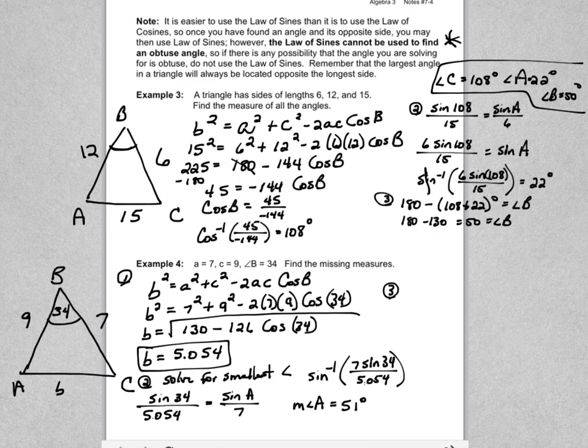So step 3, the measure of angle C will be 180 minus (34 plus the angle we just found, which is 51). So the measure of angle C will be 180 minus 75, which is going to be 95 degrees.